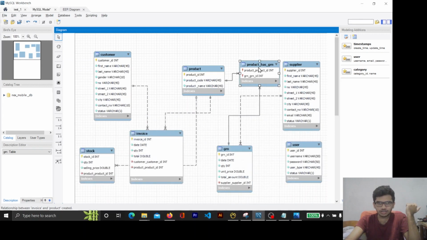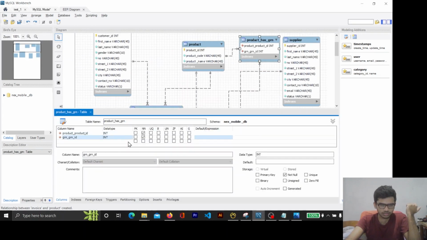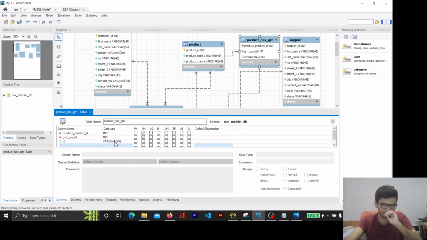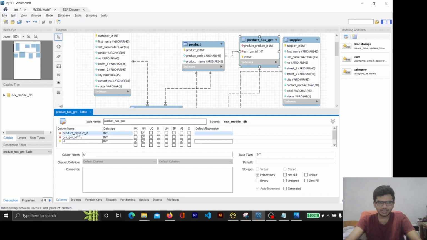You have to not select these two, because this will increment. Since this table doesn't have any primary key, you have to give a new column which could be taken as the primary key, which would auto increment.